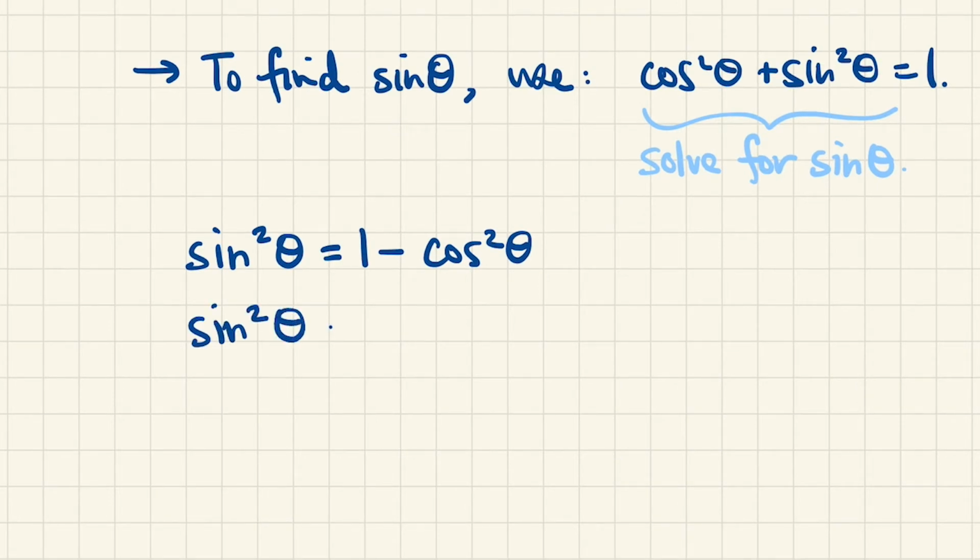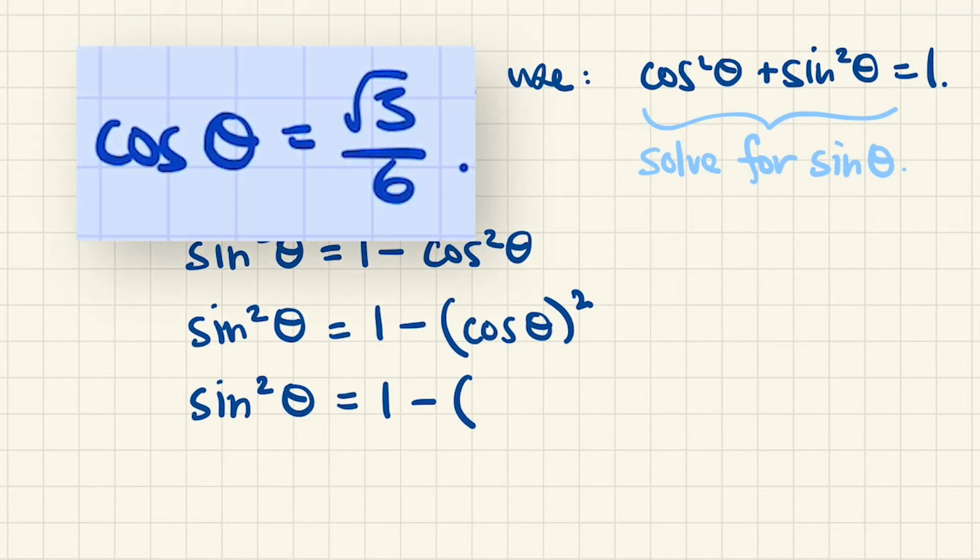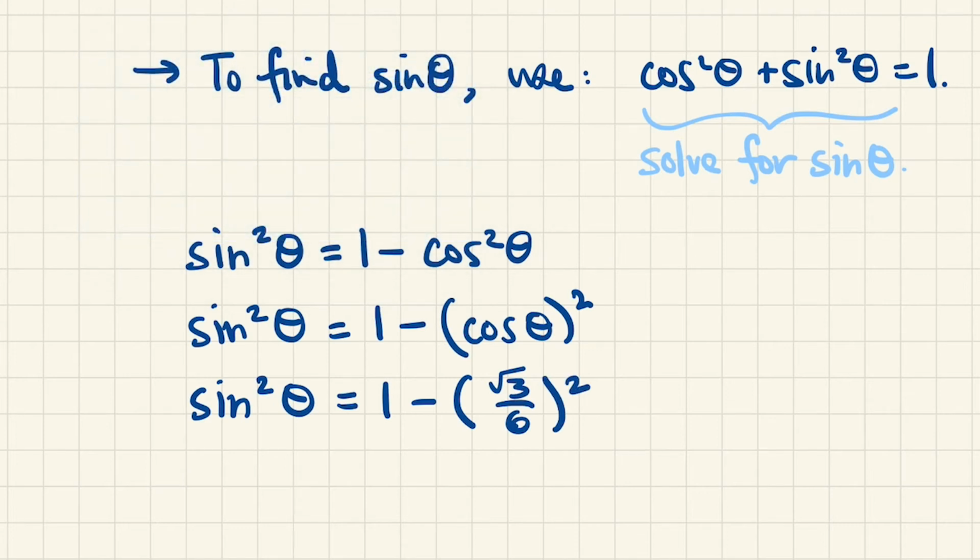So this means sine squared theta is 1 minus, well, cosine squared means the square of cosine theta. And cosine of theta was given as rad 3 over 6. So that's what's being squared.